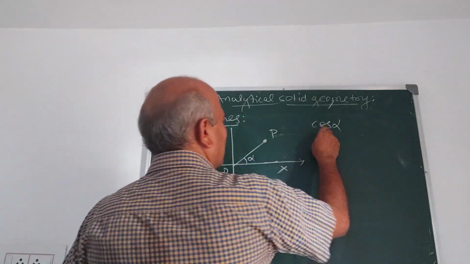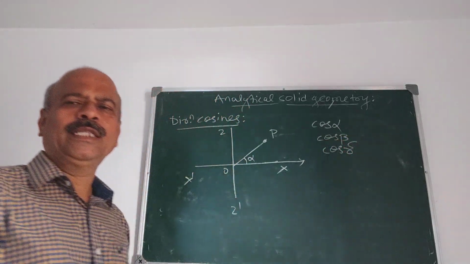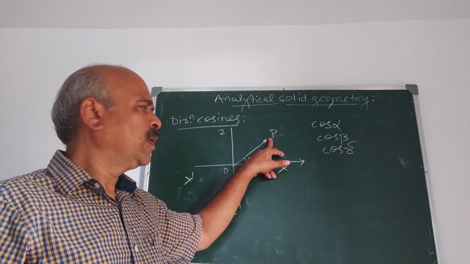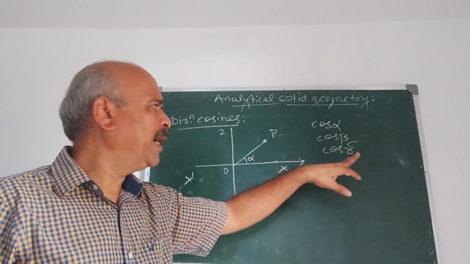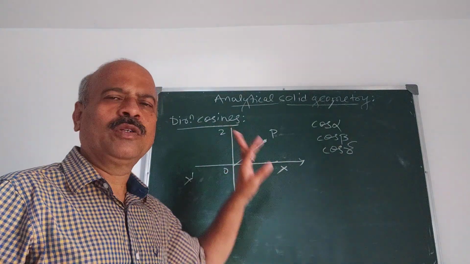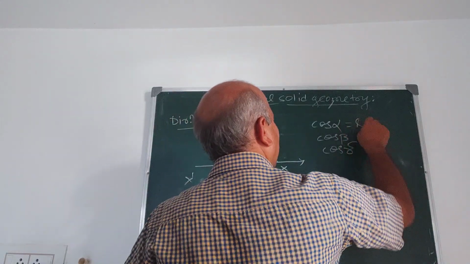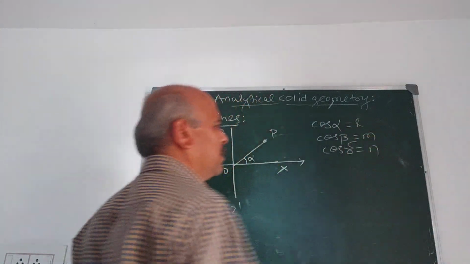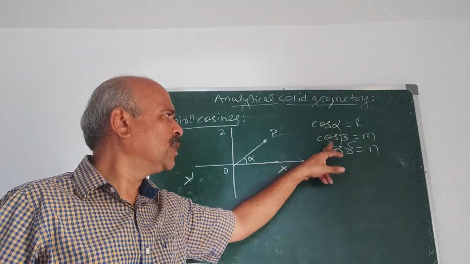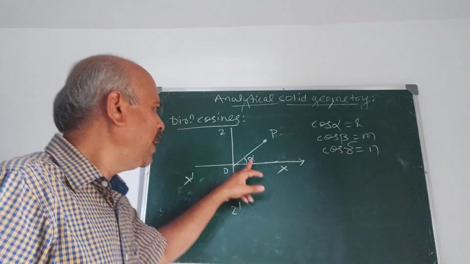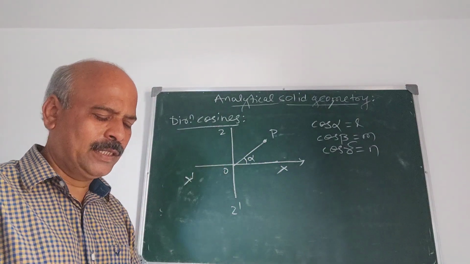And cos alpha, cos beta, cos gamma are called the direction cosines of this OP, where alpha, beta, gamma are the angles made by this OP with the positive x, y, z axes respectively, and they are denoted by l, m, n. What are alpha, beta, gamma? Angles made by this OP with the positive xyz axes.